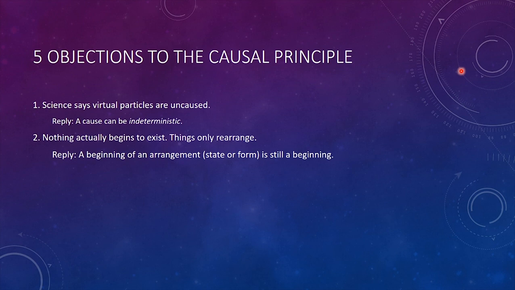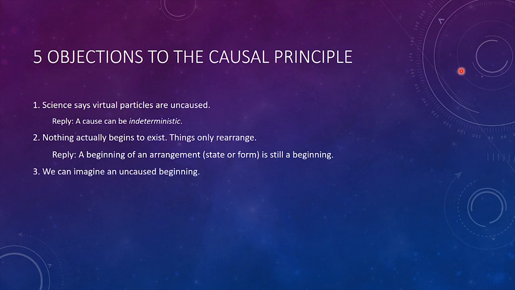Now, let me be clear. I'm not saying that this is the only way in which a cause might produce a universe or produce a beginning, but I'm just pointing out that there are different models that are fully compatible with this argument. The argument does not require that things come to be from nothing. Even the beginning of a smile will count as a beginning. And if you do begin to smile, I'm going to think that there's probably some cause of that smile.